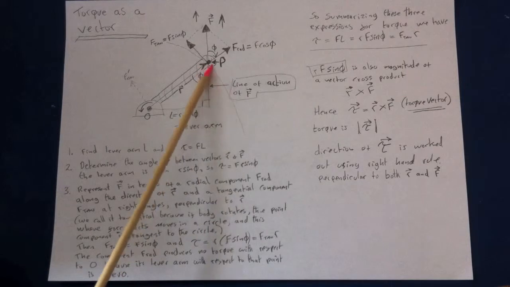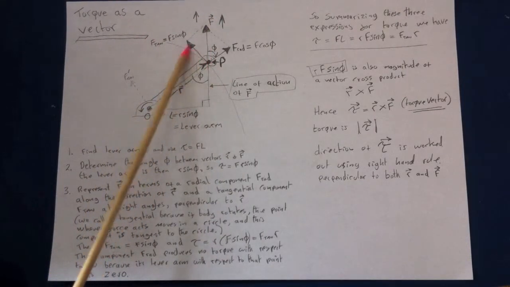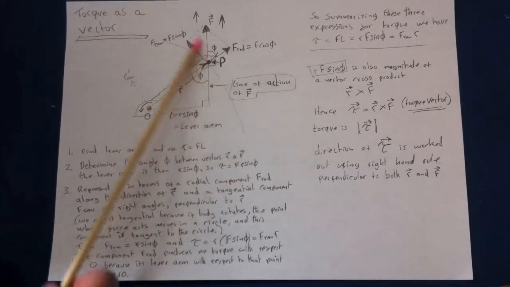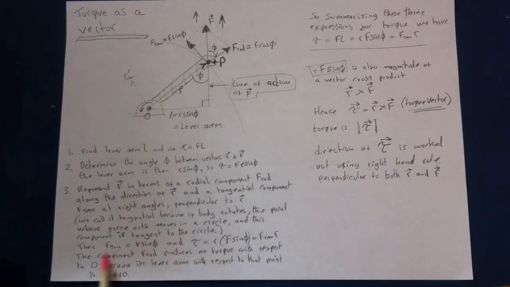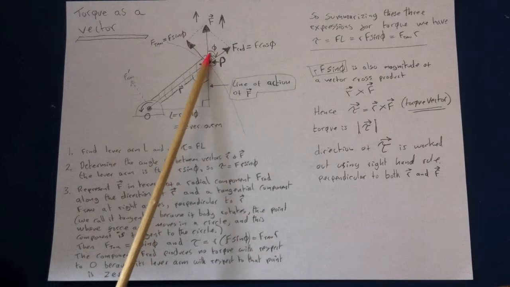So when we move this force up in the air, this whole thing is going to rotate, and that component is tangential to the circle that will be made when this starts to move. So that's why it's called F tan. Then F tan equals F sine theta, which you can see by this basically.